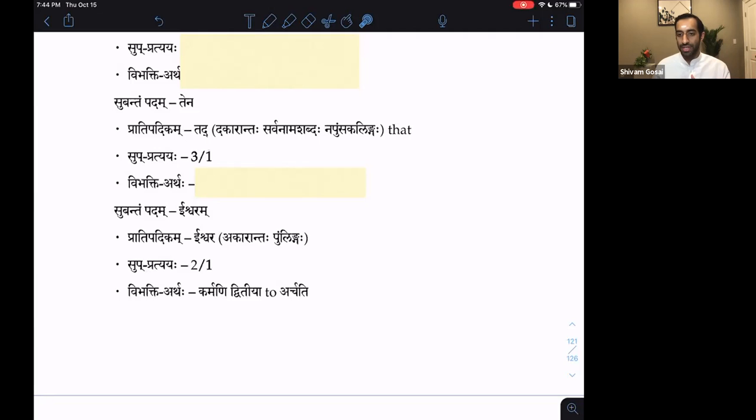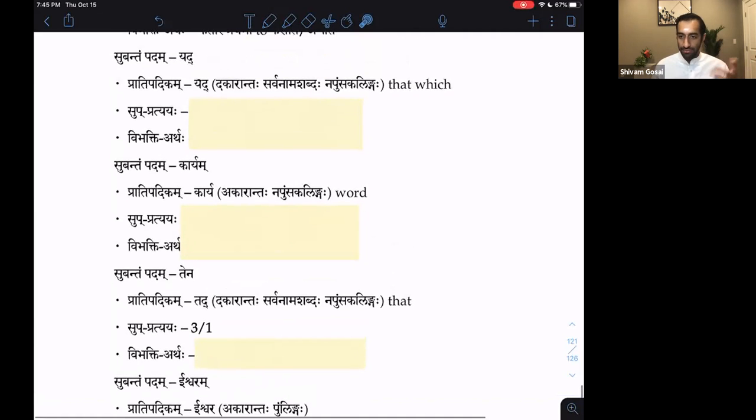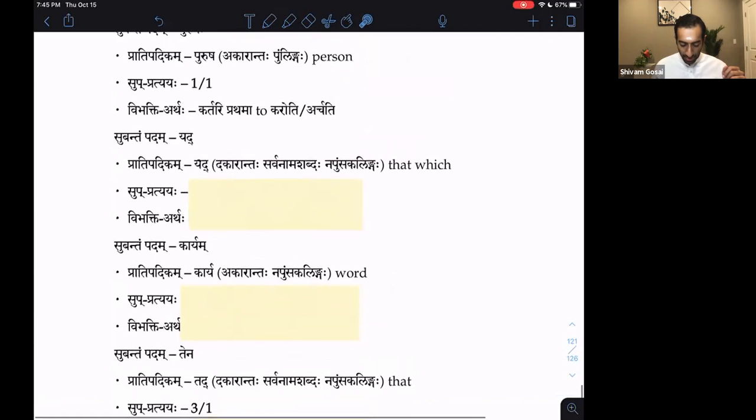So the person worships Ishvara because of that. That very much might be the case, right? So we can hold on to that, or it can be by that. Either way, you can use by that or because of that. So let's just hold on to that for now. Okay, we don't exactly know.